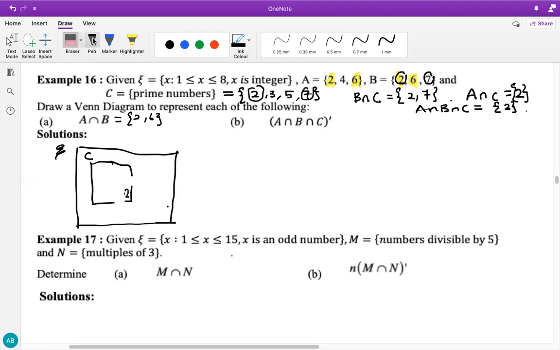Sorry, I think I better just draw the normal one. This is B, this is 7, and this is 6 here. Okay. So 4.